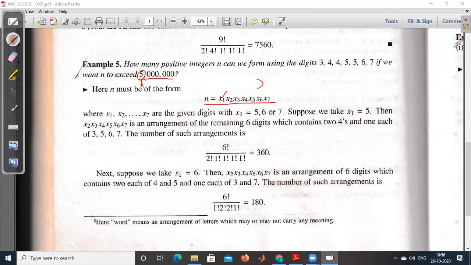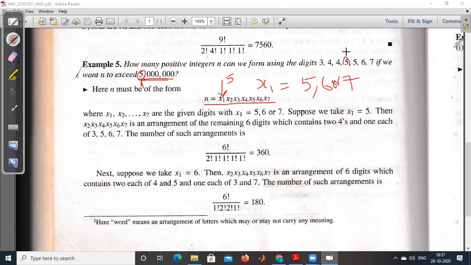So x1 should be either 5, 6, or 7. Then only it exceeds the 50 lakhs. So first I am going to place the digit 5.